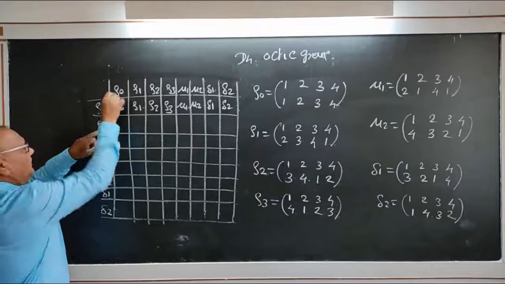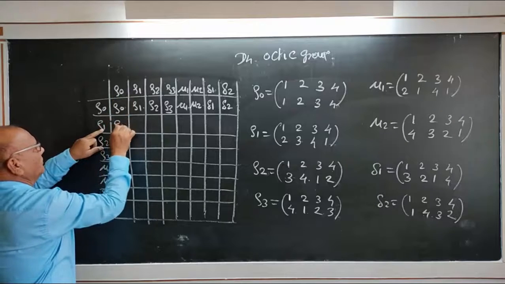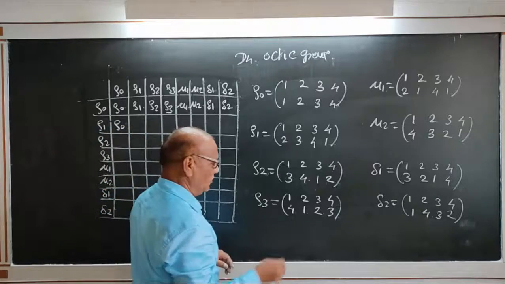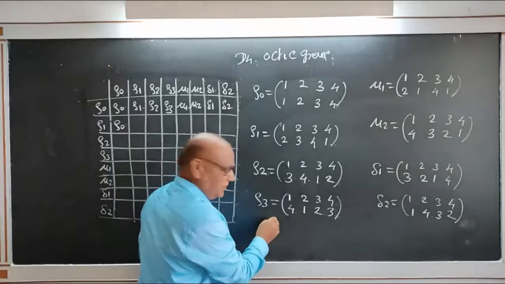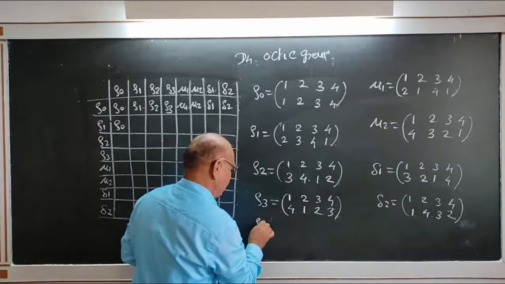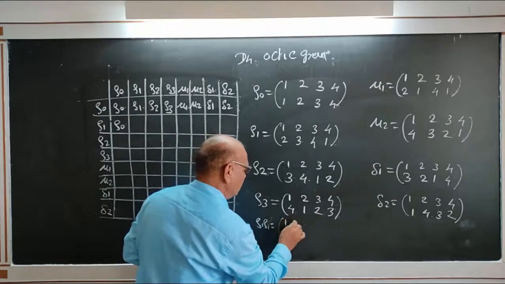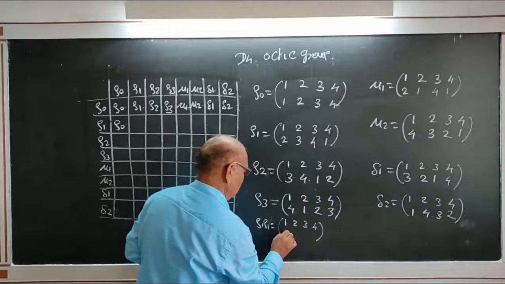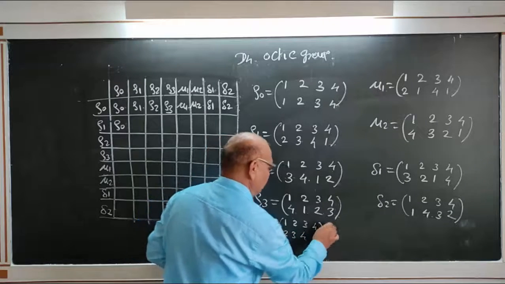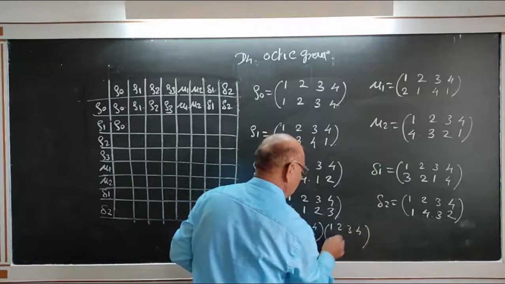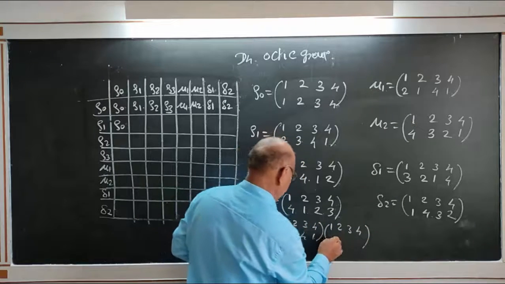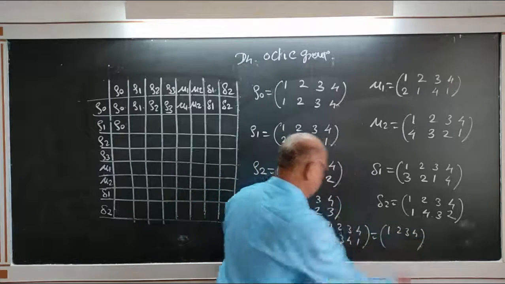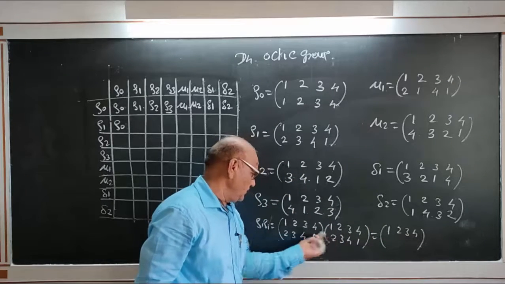Now rho 1 into rho 0 is rho 1. Now rho 1 into rho 1. Rho 1 is 1, 2, 3, 4 going to 2, 3, 4, 1. Again rho 1, 2, 3, 4 going to 2, 3, 4, 1. Taking the product from right to left: 1 goes to 2, 2 goes to 3.